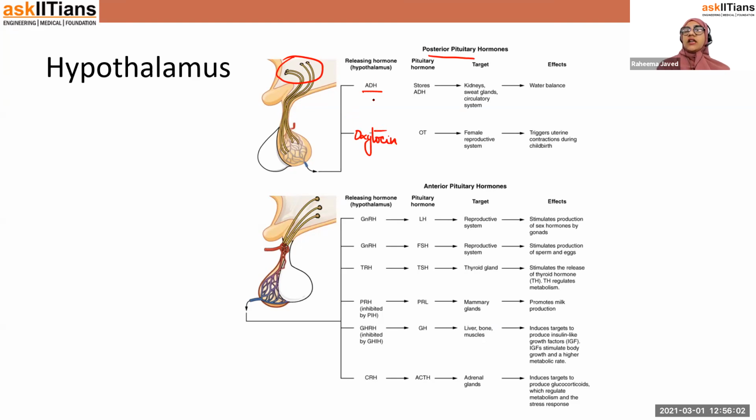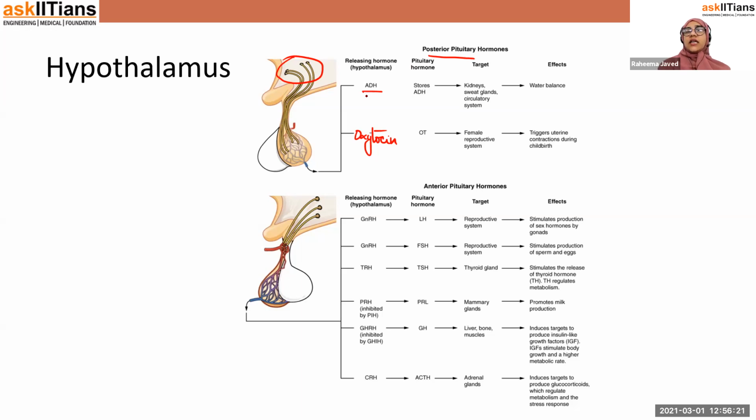This is the region where these two hormones are synthesized, then they come down via these neurons into the posterior pituitary where they are stored. But the secretion will depend upon a particular stimulus that is coming from the body.